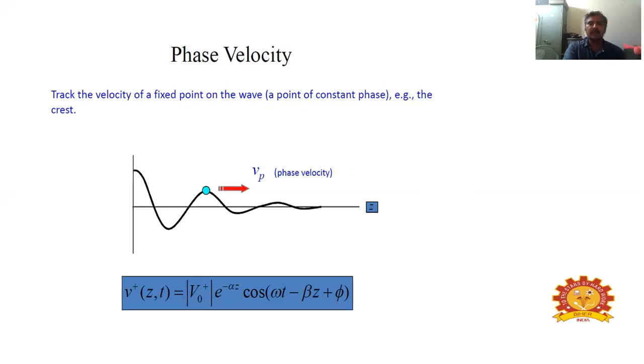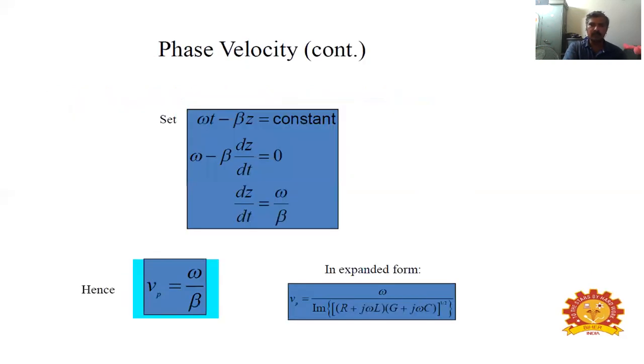The velocity at the crest of the waveform is the phase velocity, and the forward traveling wave is given by the formula v plus in terms of z and t is equal to modulus of v naught into e power minus alpha z into cos omega t minus beta z plus pi.